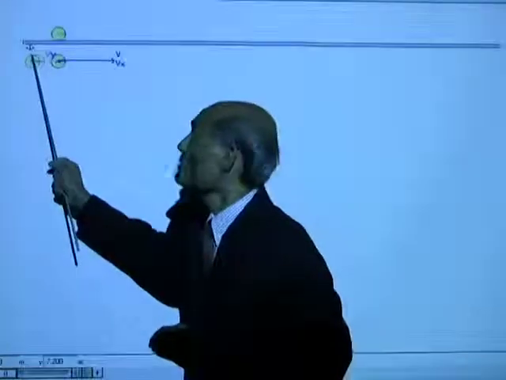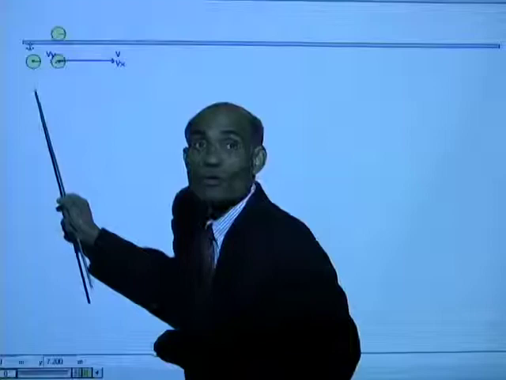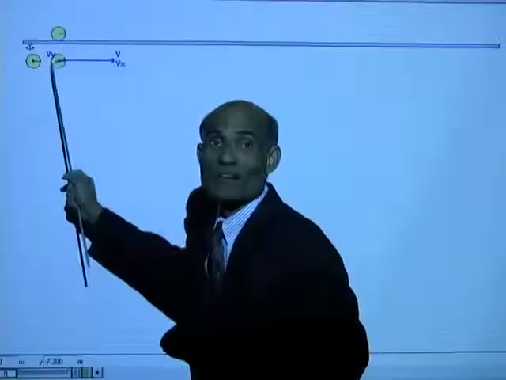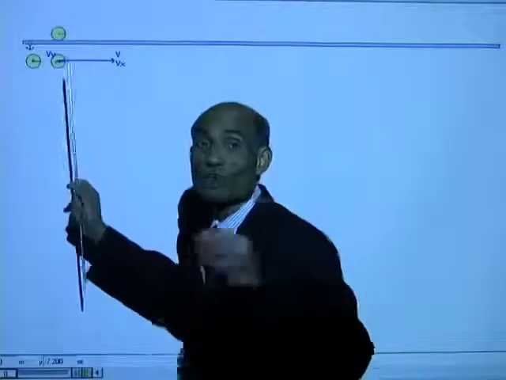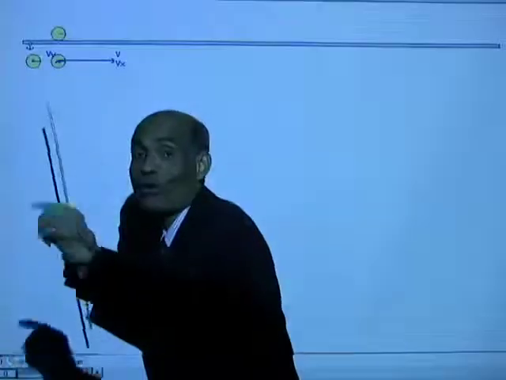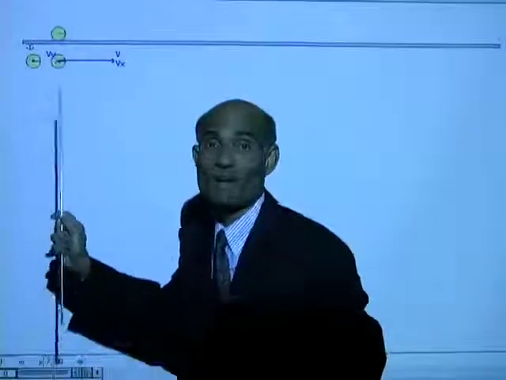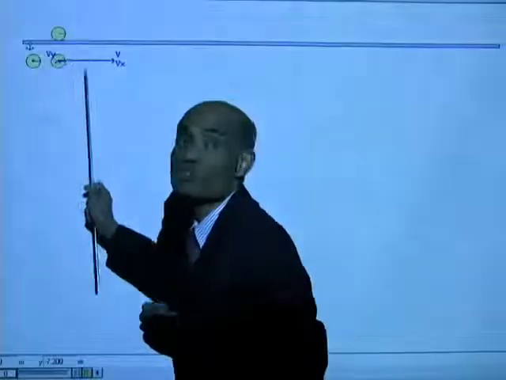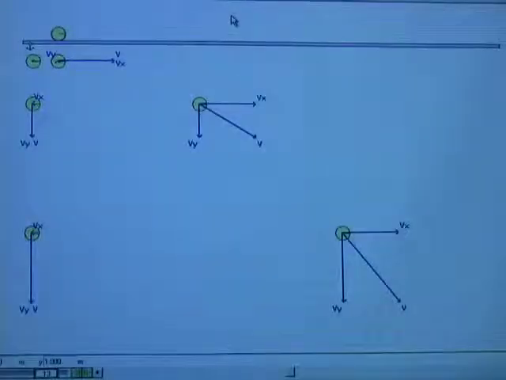This ball can only move in the y direction, whereas this ball is going to be projected horizontally. Alright, I want you to watch the motion when I run this animation. Watch each frame. There you are.